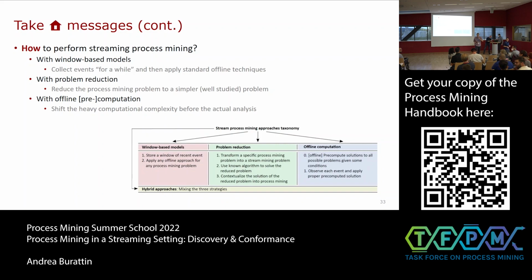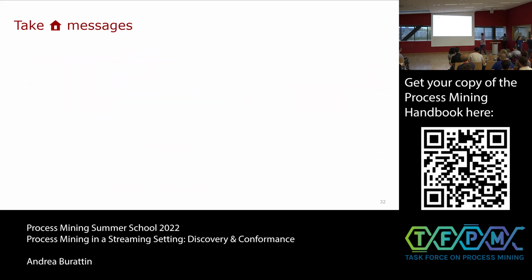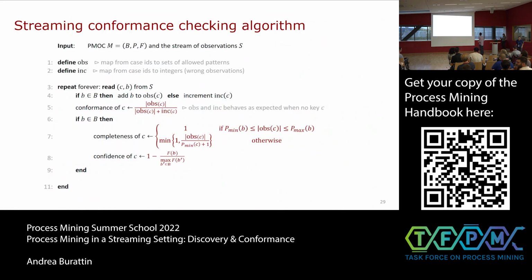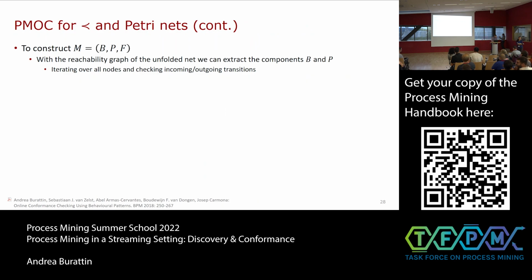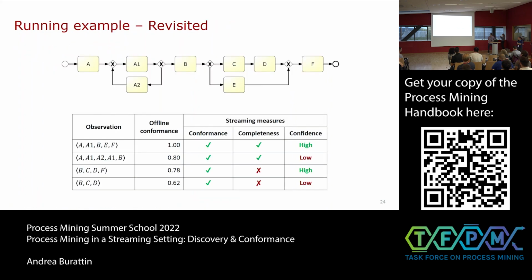Sorry, I have a question about page 24. I just have a question about the second trace for the completeness. Why do we think this is correct? That means this completes the traces?